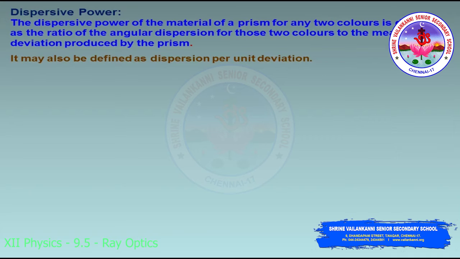Omega is equal to angular dispersion by mean deviation, that is sigma v minus sigma r by sigma, which is phi by sigma.